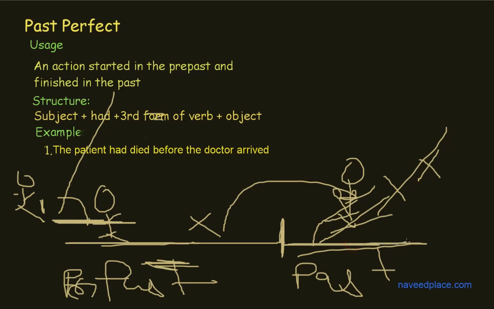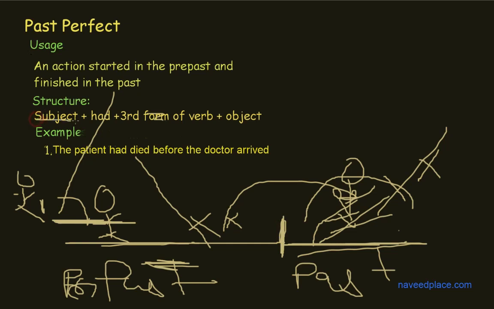Here we have the example: the patient had died. The patient came, the patient died, and then the doctor arrived. This is the past. So before the past, the action started and finished. Getting me?